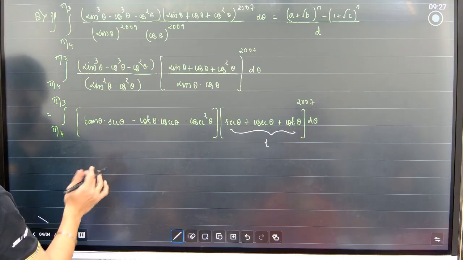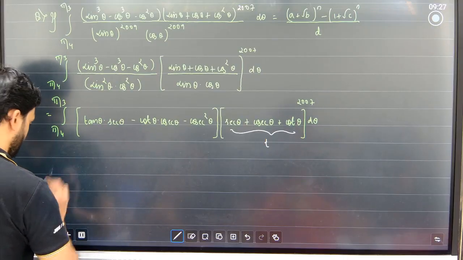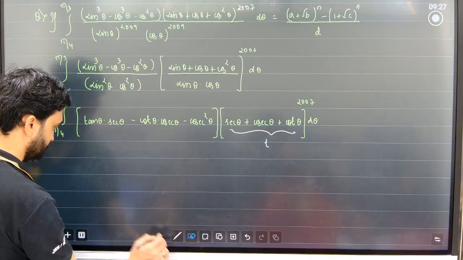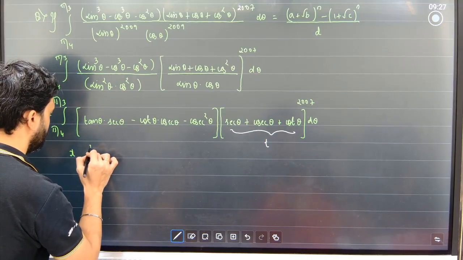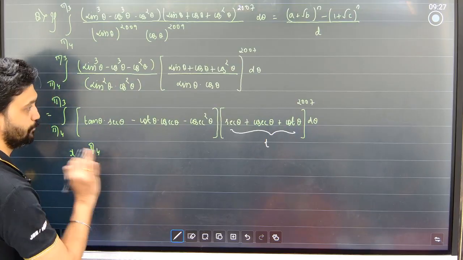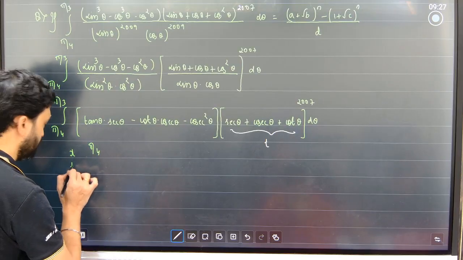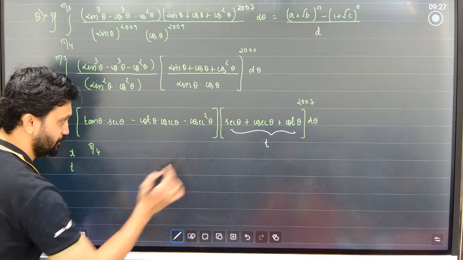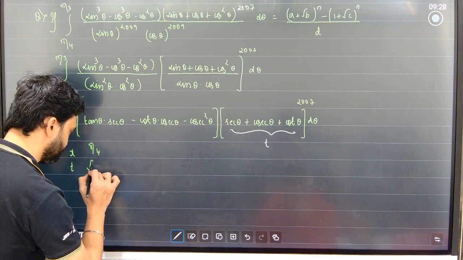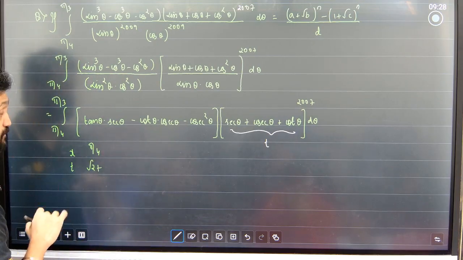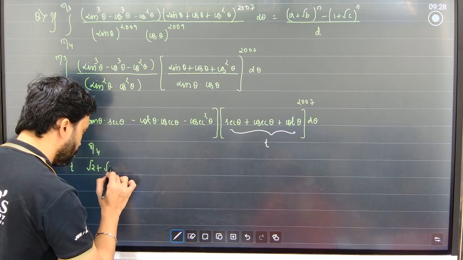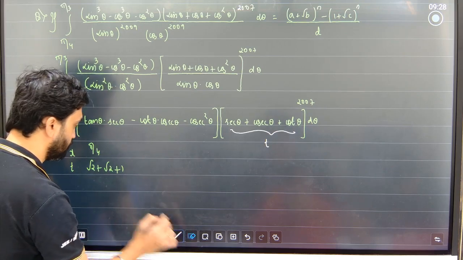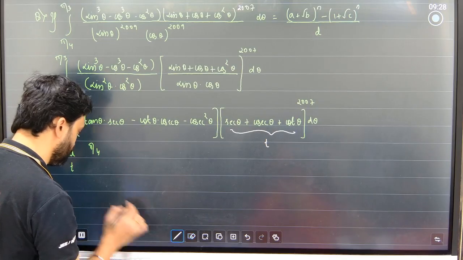For the lower value x is pi by 4. Let's find out t. Sec pi by 4 is root 2, cosec pi by 4 is root 2, cot pi by 4 is 1. So I will write 1 plus 2 root 2.